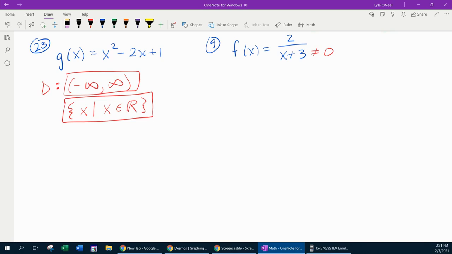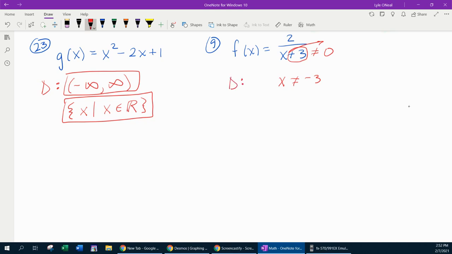And then if I solve for x, I'll know what x can't be. Moving the 3 over, here we can see that x cannot be -3. Written this way, this is not the domain, this is the restriction.